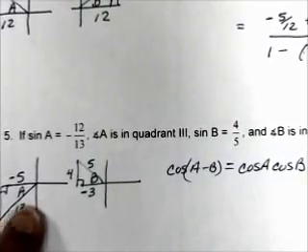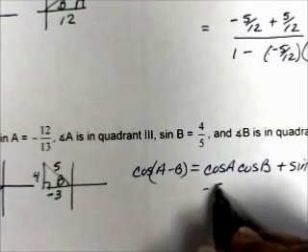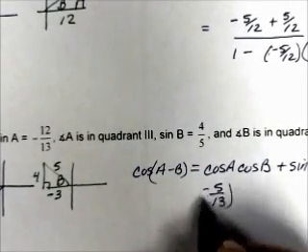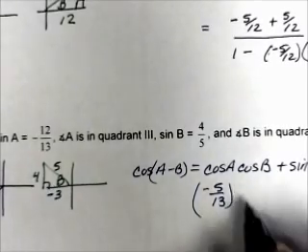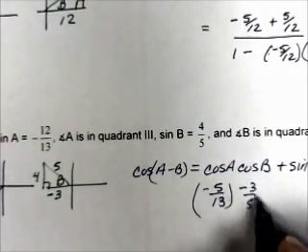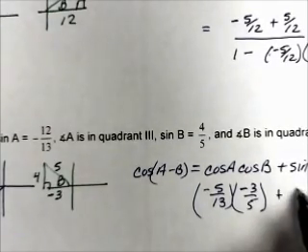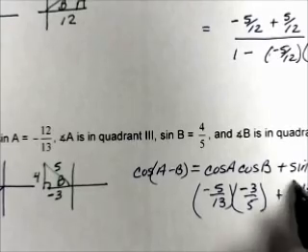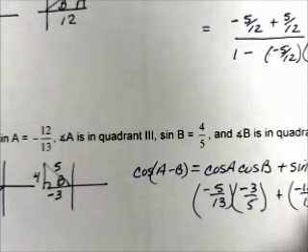Cosine of A, adjacent over hypotenuse, negative 5/13, times the cosine of B, angle B, cosine, negative 3/5, plus the sine of A, negative 12/13, times the sine of B, 4/5.